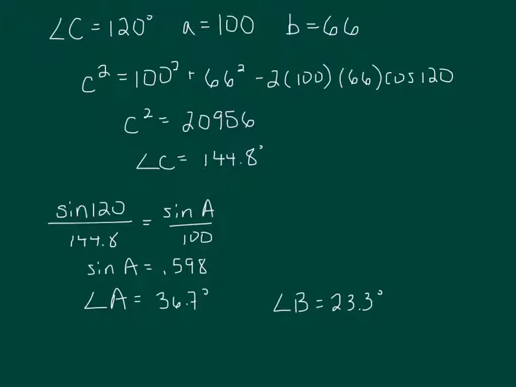So I solved for angle A and I got 36.7, and then I didn't have any work to do for angle B because remember, once I know two of my angles, sorry, I shouldn't have written angle up there. This is not an angle, that was a mistake. I know angle C is 120, and angle A is 36.7, which means I can add up 120 and 36.7 and subtract that from 180, and that's where I got the 23.3.